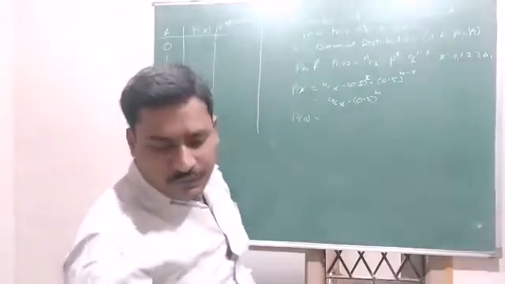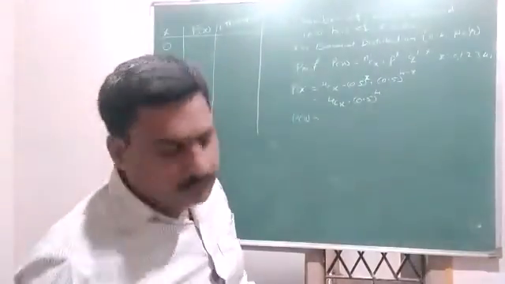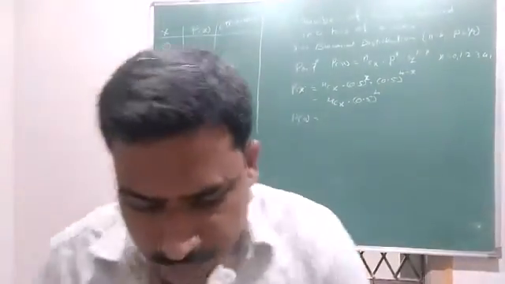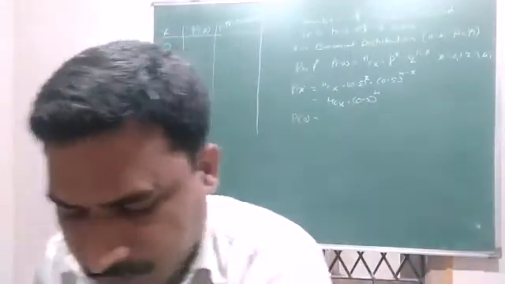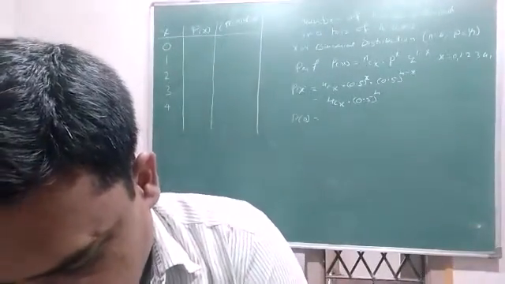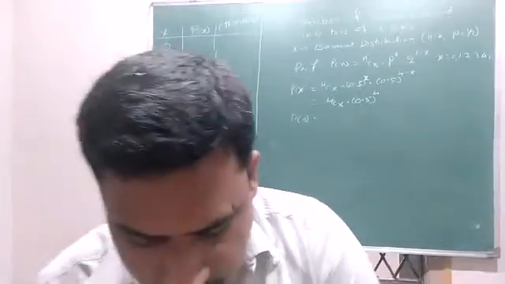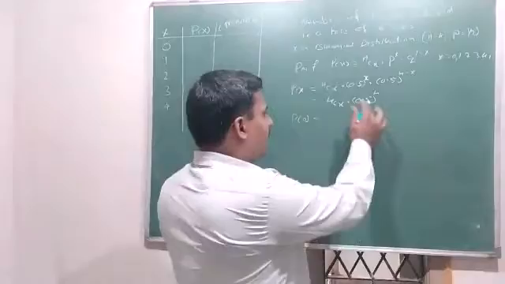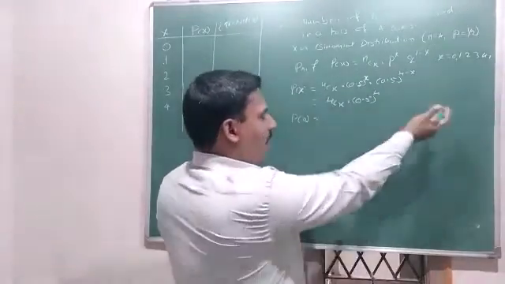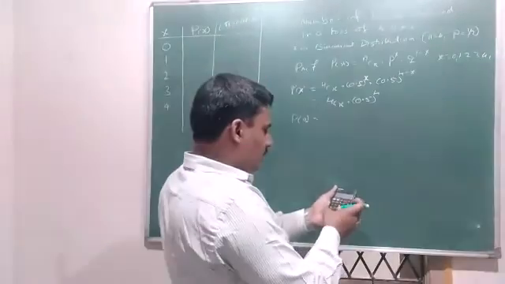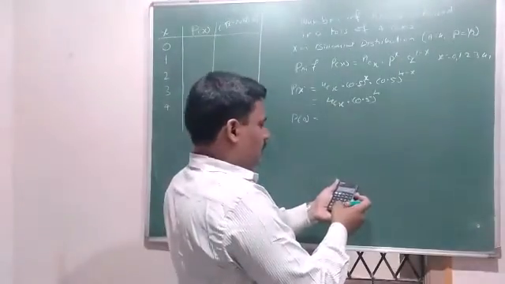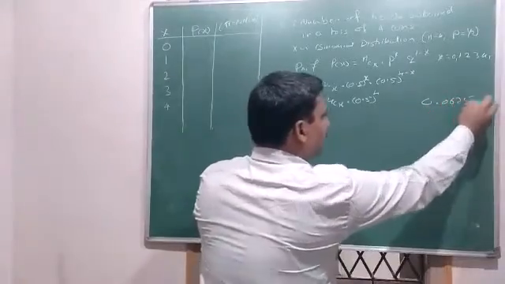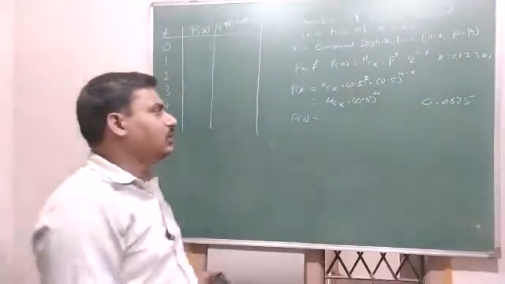Now the first probability, P of 0. That 0.5 raised to 4 is common for all the values; 0.5 raised to 4 is 0.0625.